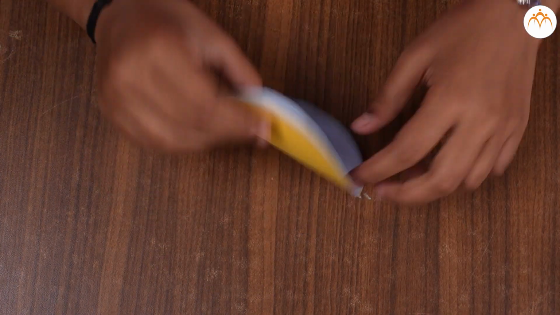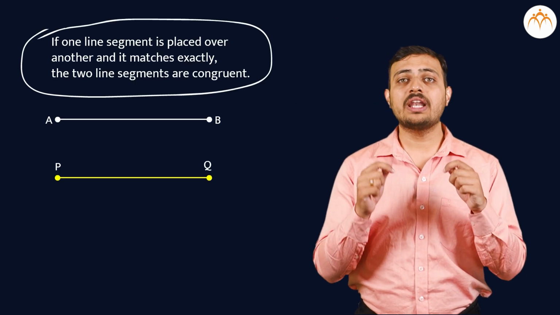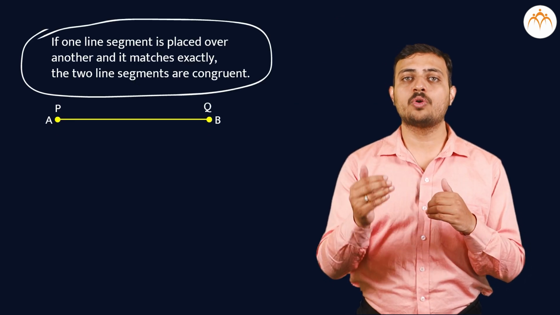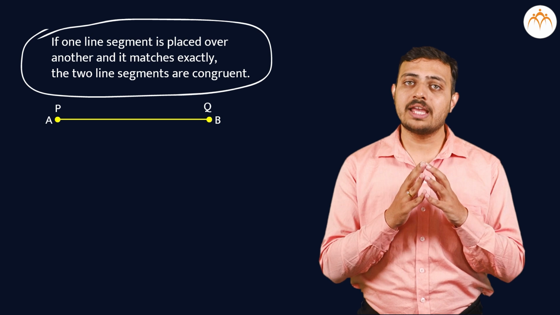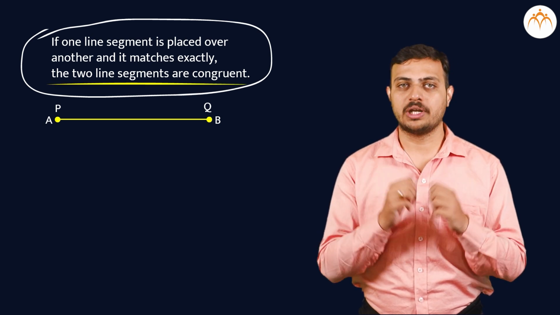Here we see exactly matching shapes of flowers, butterflies and leaves. Such exactly matching shapes are said to be congruent to each other. Similarly, if one line segment is placed over another and it matches exactly, the two line segments are said to be congruent.